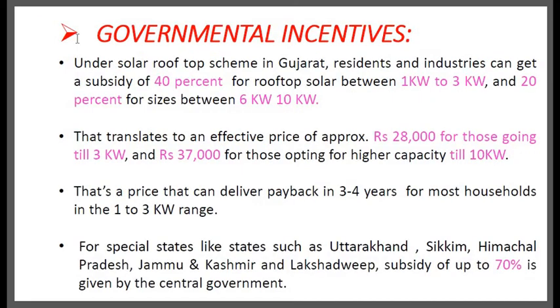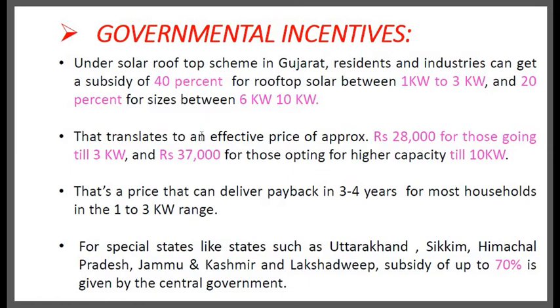Now, governmental incentives for solar energy. Under the solar rooftop scheme in Gujarat, residents and industries can get a subsidy of 40% for rooftop solar between 1 kilowatt to 3 kilowatt of installation, and for above, between 3 kilowatt to 10 kilowatt, 20% subsidy is there.